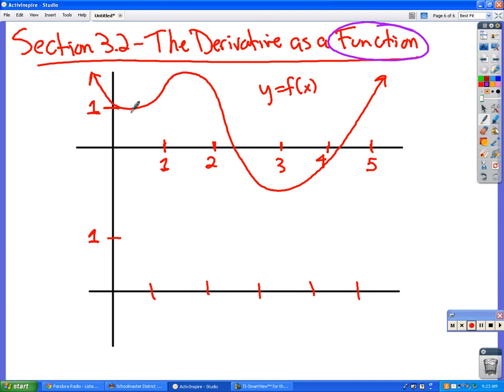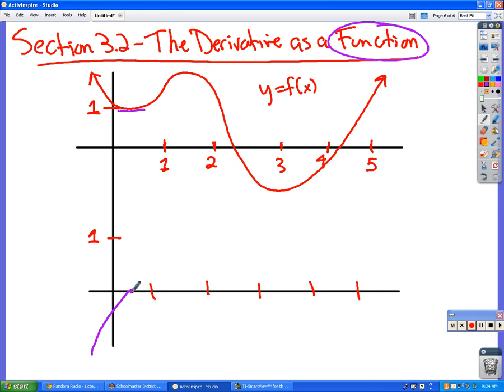It ends up being 0 right about here because we have a horizontal tangent right there, so we know that's going to be 0 on the graph of the derivative, right? So as the slope goes from left to right here, it starts out being negative, but then it gets bigger and bigger until it reaches 0, okay? So the graph of the derivative would start somewhere down here, negative, and then it would go up to this point right there.